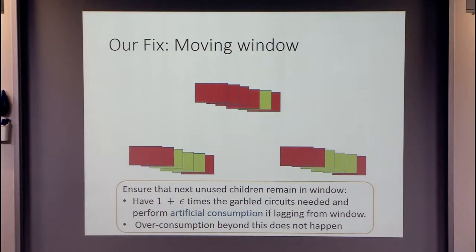So we have 1 plus epsilon times the garbled circuits that are needed in expectation, and this gives us two guarantees. One, if I am lagging behind, so if I'm behind the window that my parent expects me to be in, then I can artificially consume garbled circuits and push myself into the window. And the other thing is, if I am already ahead, I would, by a Chernoff bound, not go beyond this barrier of 1 plus epsilon. We need this epsilon to be little o of 1 for the scheme to remain efficient, but it works out.